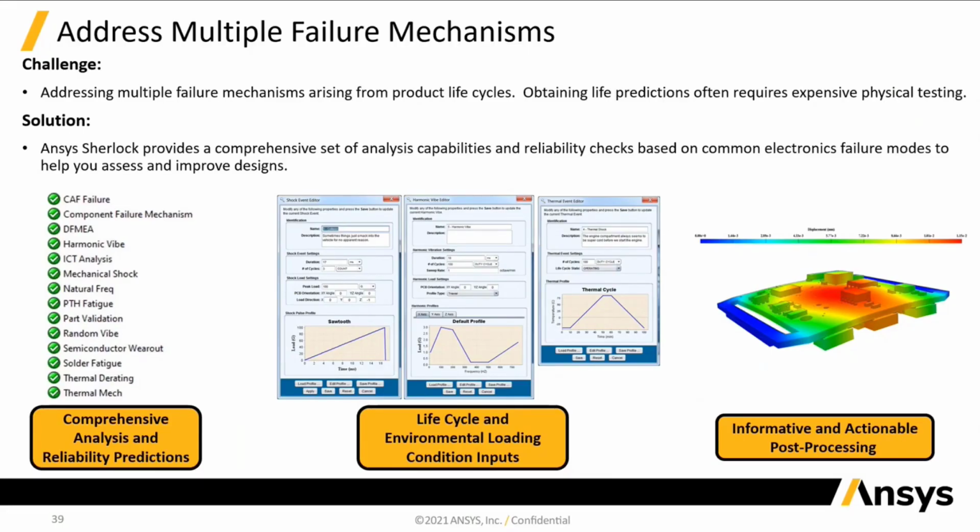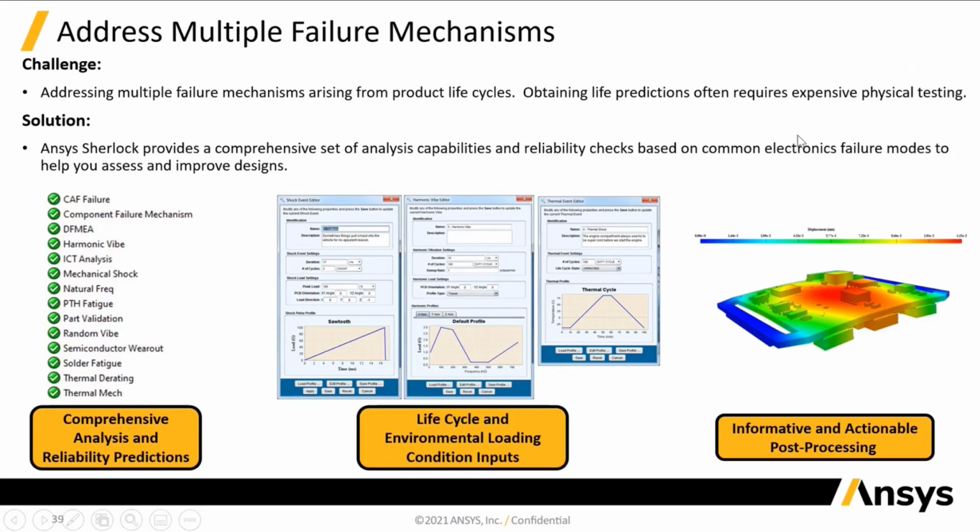You can understand the impact that might have on particular components and particular parts of the board. We've got plated through-hole fatigue, obviously thermal fatigue on the solder joints, vibration, shock, and so forth. All of these can be applied to or tested for within the virtual prototype.